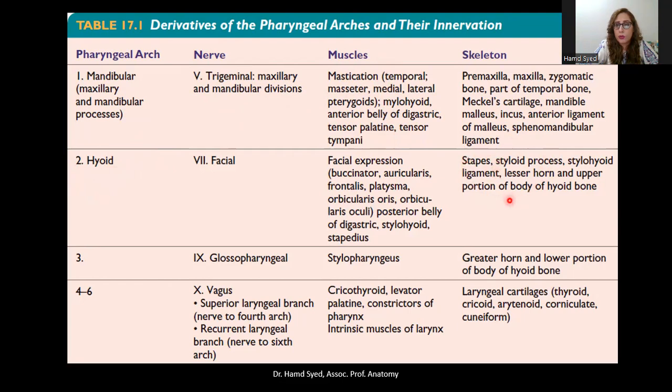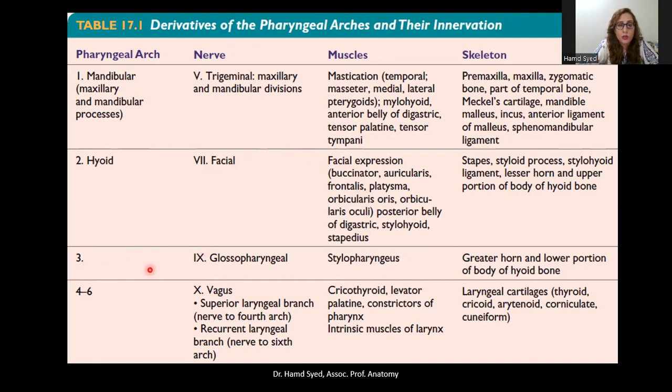Its skeletal components are stapes, styloid process, the styloid ligament, and the upper part of the hyoid bone with the lesser horn. It is supplied by facial nerve, and this will be supplying these muscles which are derived from this arch, that is the muscles of facial expression, and also posterior belly of digastric, stylohyoid, and stapedius.